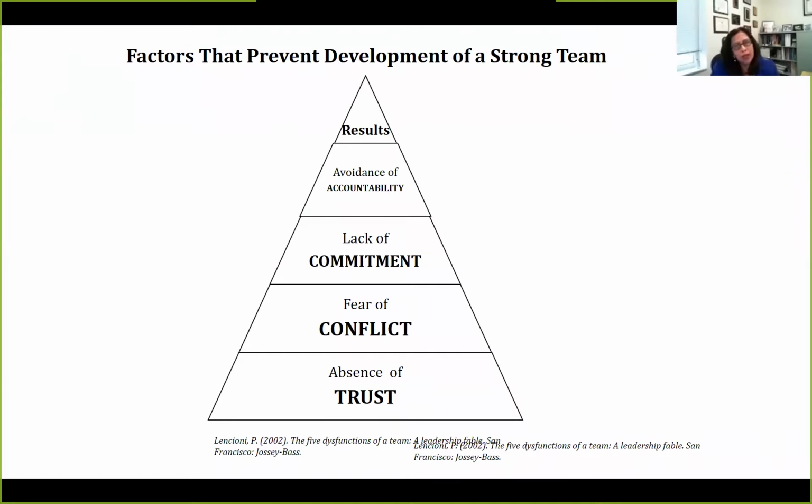The previous slide discussed the criteria or characteristics, and I think the Patrick Lencioni model of the dysfunctional team really hit home, because it tells you what factors will prevent you from developing a strong team. That gives a slightly different angle than what we were trying to study through the other model I described earlier.